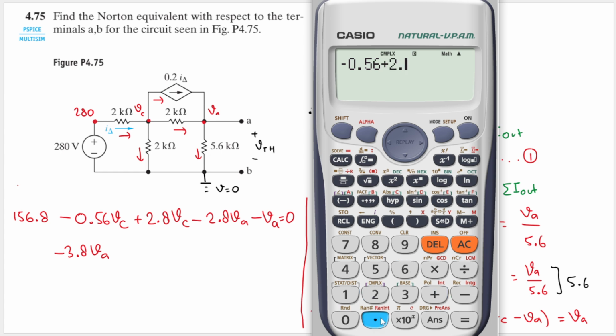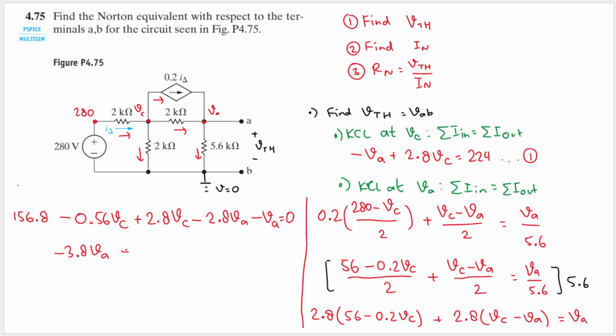Then plus 2.8. Okay, we'll have 2.24, so we'll have plus 2.24 VC, and then let's move this to the right hand side. We'll have minus 156.8, and we have this as our second equation. Okay, oh, this is VC here.